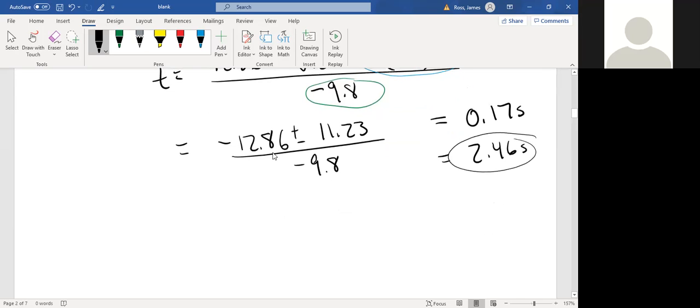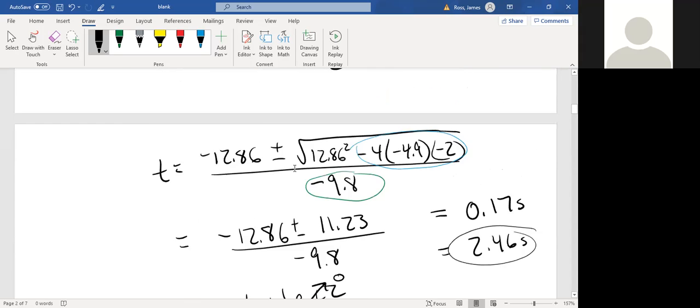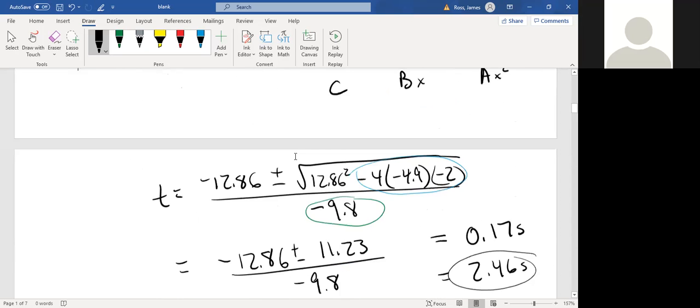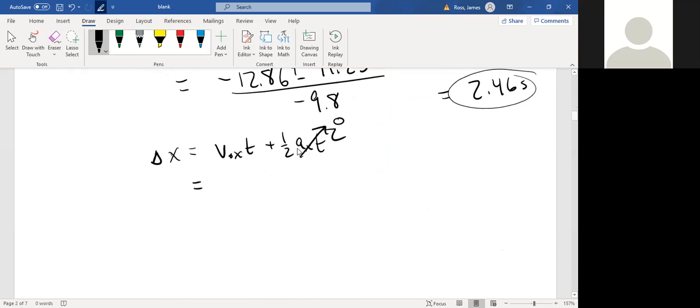Now we have the time, we can use that with our x equation. Delta x is v naught x times t plus 1/2 a_x t squared. a_x is 0. Delta x is what we're looking for, and we just found time. v naught x was 15.32. So 15.32 times the time that we just found, 2.46.